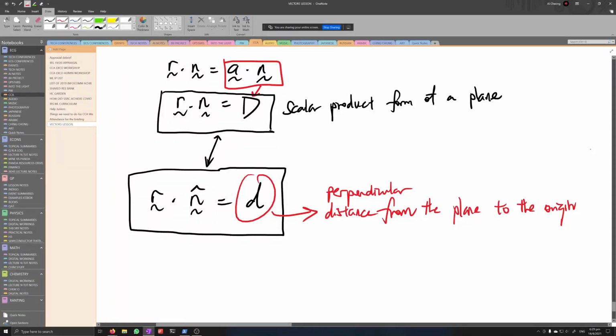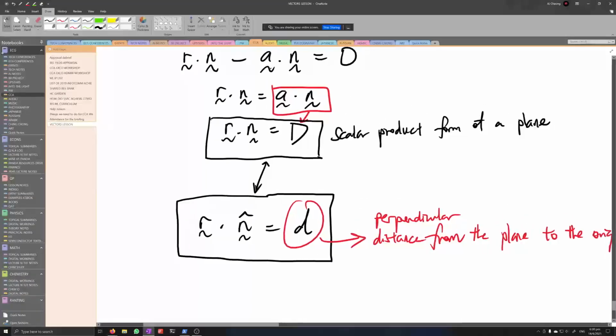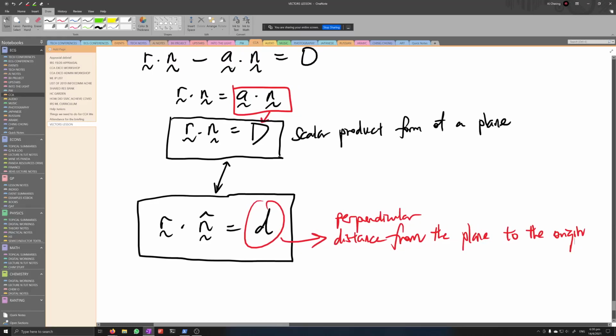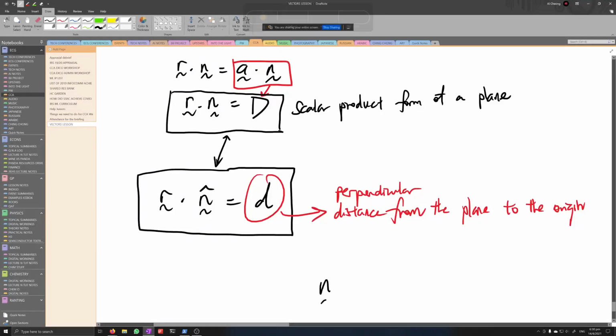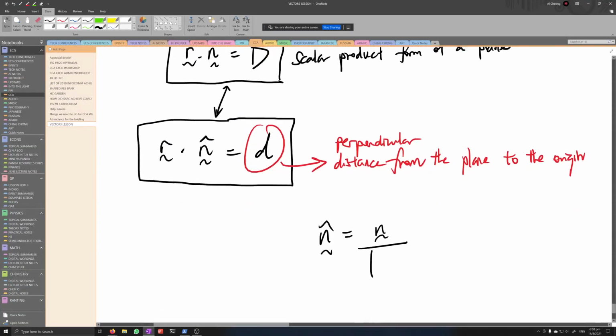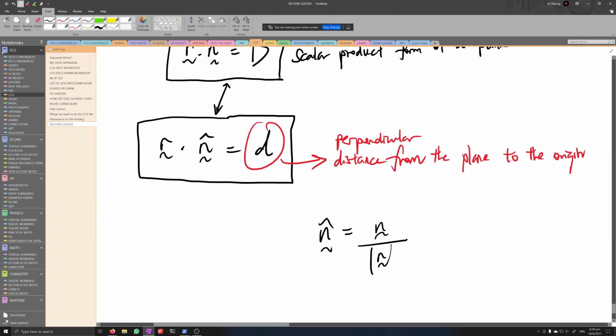Wait, so the small d is also equal to a times n, is it? No. Because remember, n hat is equal to n scaled by the reciprocal of the modulus of n.